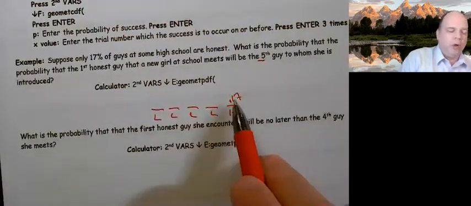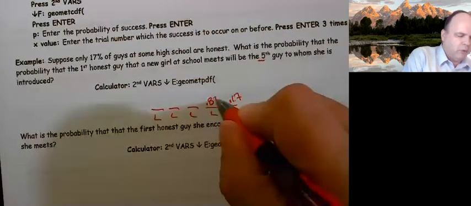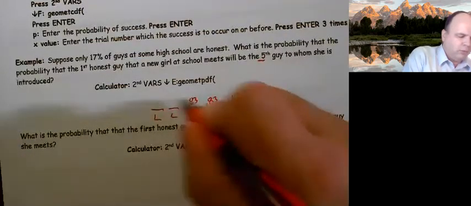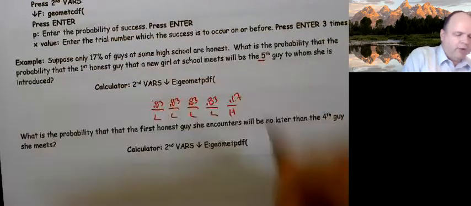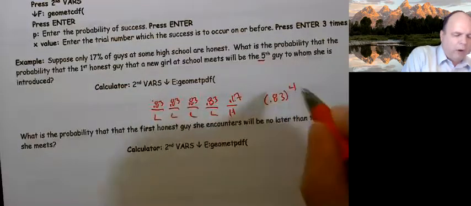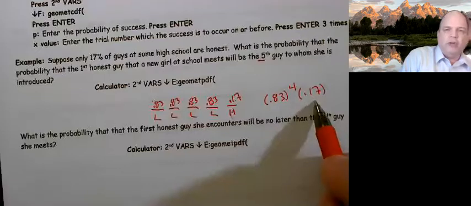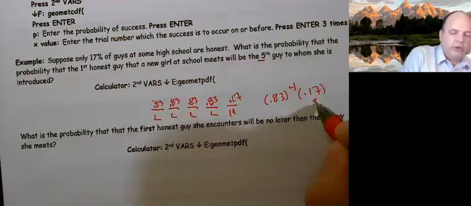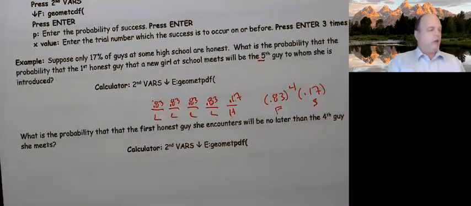The complement of 0.17 is 0.83. And so basically, this is going to give me 0.83 to the fourth power times 0.17. Notice this is a success. This is the honest guy. These guys are considered failures.